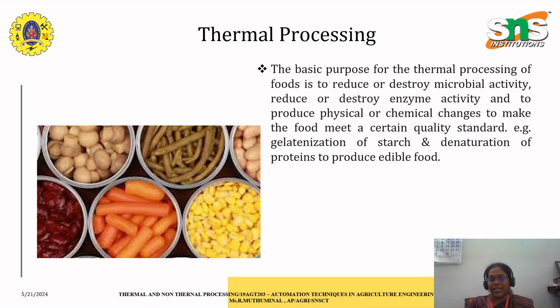Gelatinization of starch, for instance: we all use corn flour powder at our home, right?